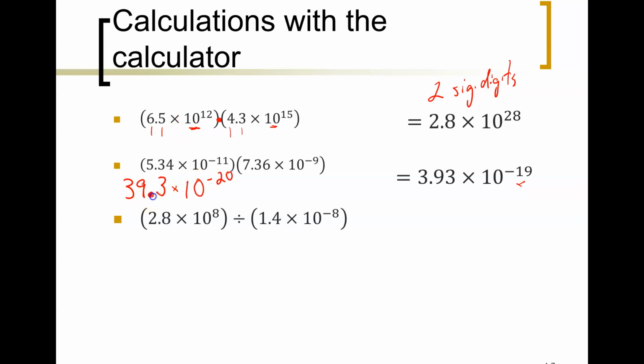So actually, this decimal is really 20 places that way, right? So I want to still express this in scientific notation, so I must move the decimal to make this number between 1 and 10. So I'm moving it this way. So it came from here to here, which means now it's only 19 places away. So that's why it becomes a 19.